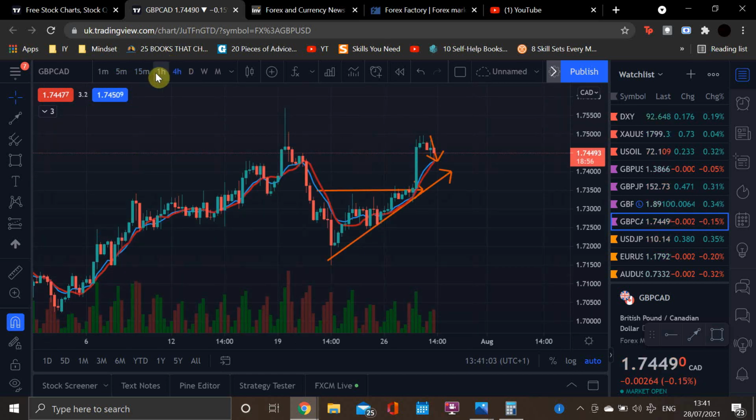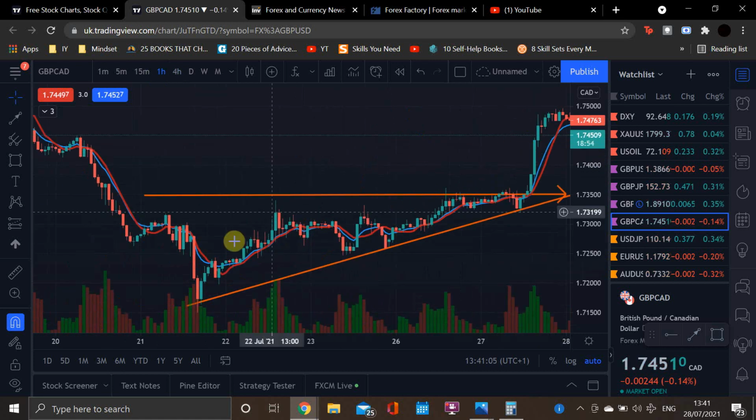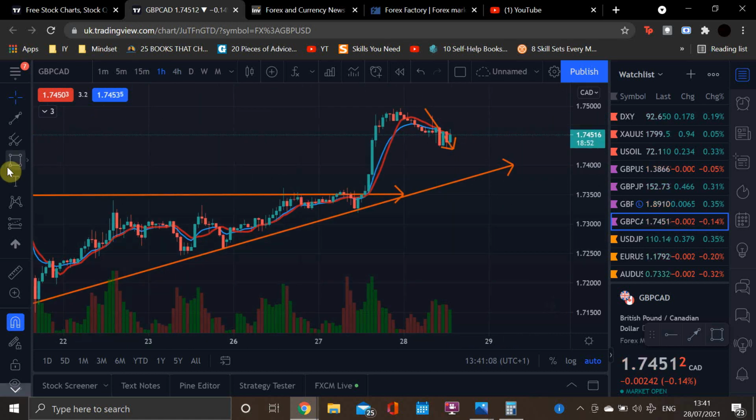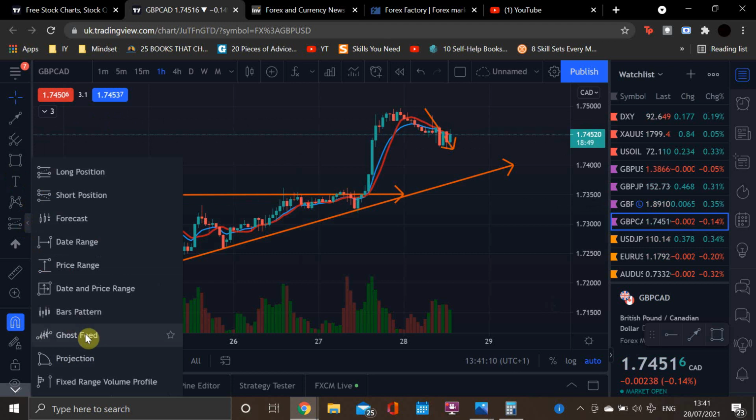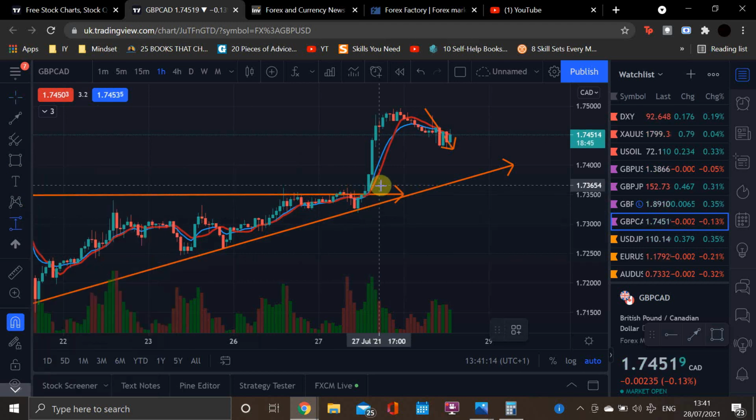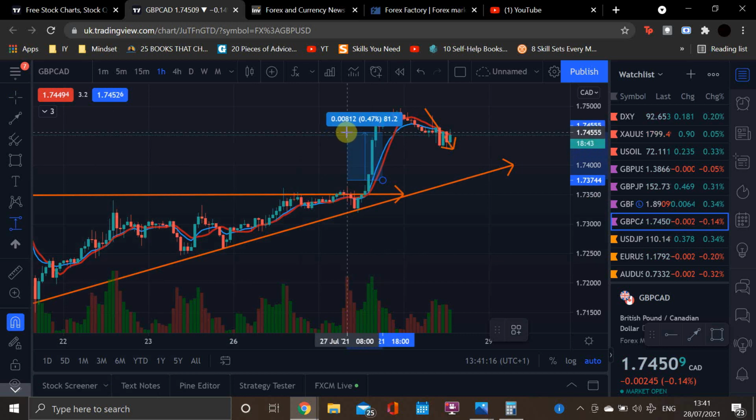This is on a 1 hour chart that I spotted the ascending triangle, and that would have been a nice, I'm guessing 10 pips. Nah, 25 maybe, even more than that.